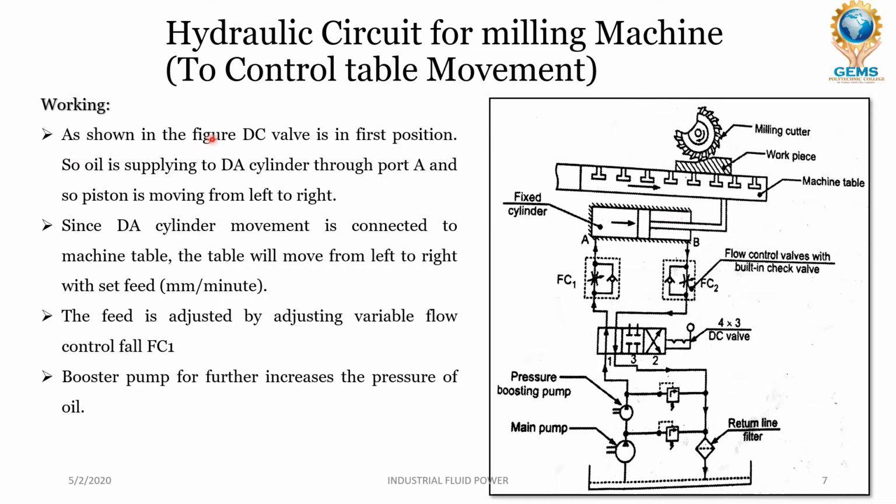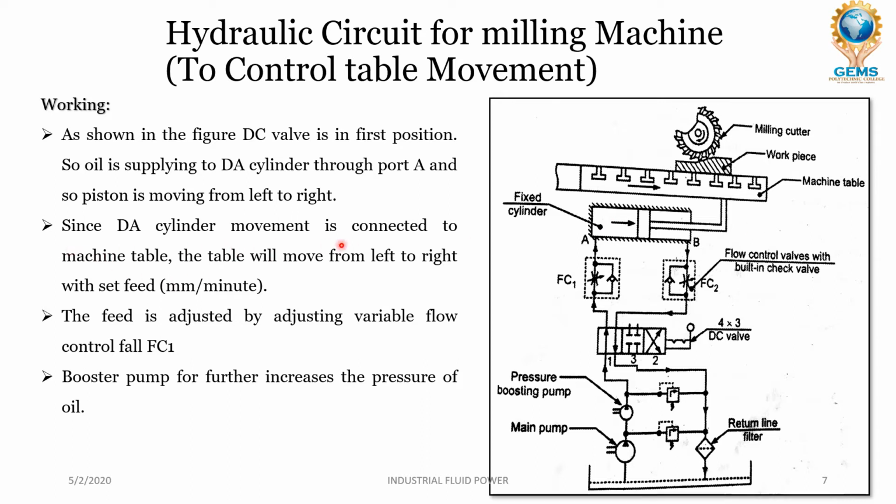As shown in the figure, the DC valve is in the first position. So oil is supplied to the double acting cylinder through port A, and the piston moves from left to right.